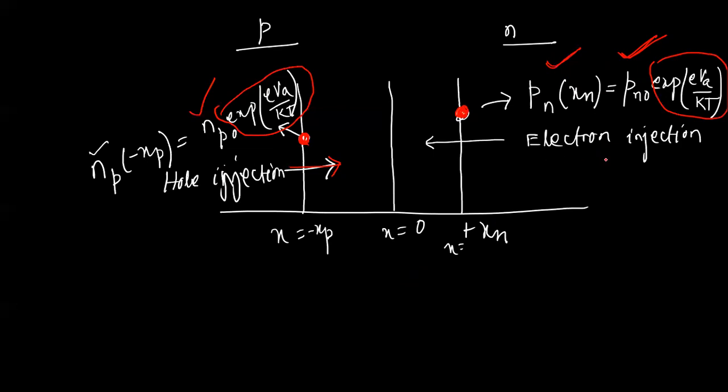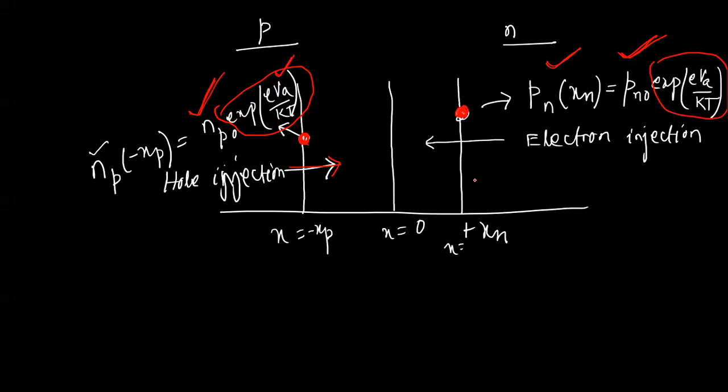When the n region is connected to the negative terminal, electron energy will increase and the diffusion force will increase, so more electrons will be injected from the n region to the p region. Whatever your thermal equilibrium value np0 was earlier will be further multiplied by exponential of Va by kT. So it is an exponential function of Va, and the minority carrier concentration in the opposite regions will increase exponentially.